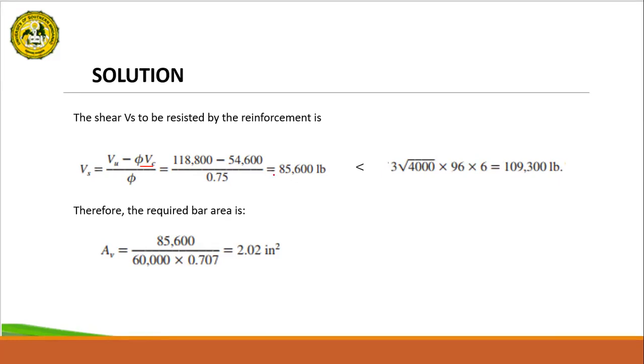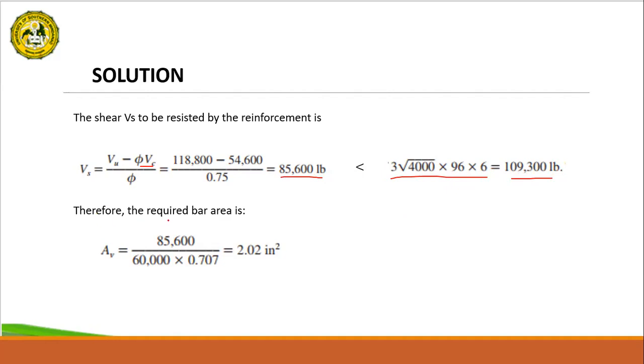And over 0.75, so that the VS is 85,600 pounds, and it should be less than the maximum contribution for shear reinforcement, which is 109,300 pounds. So this is satisfied because this is 85,600 pounds. So we can now proceed.